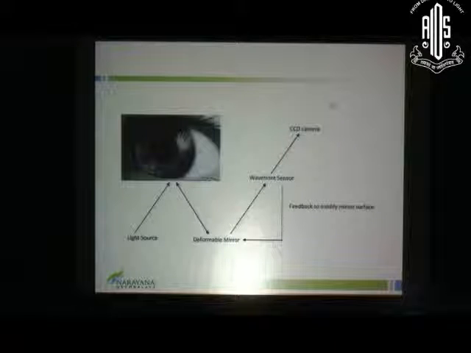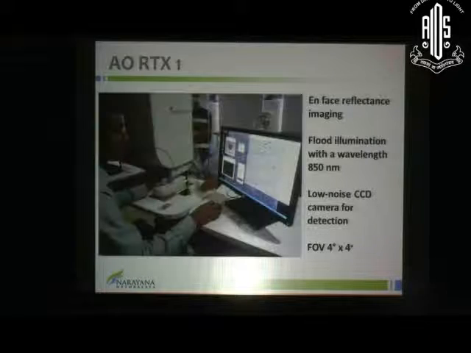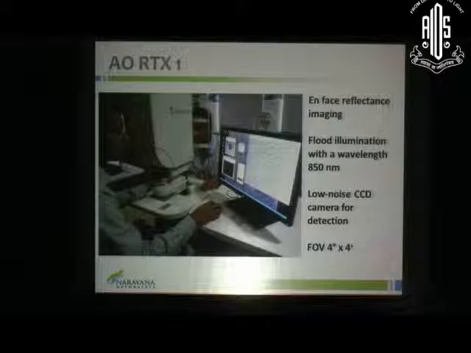This picture shows the light source reaching the eye, and part of the light gets reflected back and hits the deformable mirror. The wavefront sensor recognizes the aberrations and causes changes in this mirror to adjust for them, and gives a modified image.